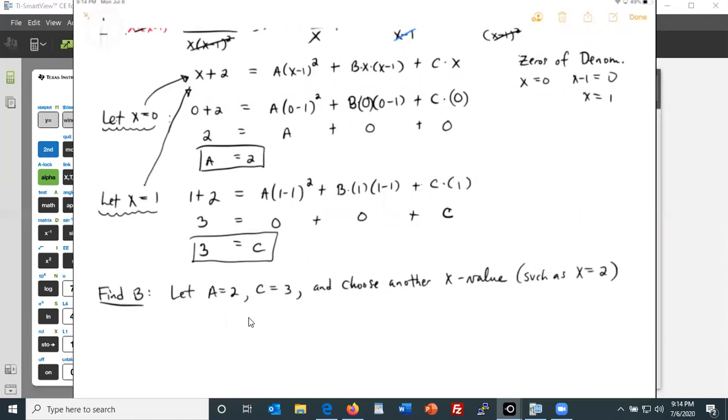Okay, so then we do that all the way up here. If x is 2, then we get 2 plus 2 equals a, which is 2, times 2 minus 1 squared, plus b, which is what we're finding, times 2 minus 1, plus c times x, which will be 3 times 2.